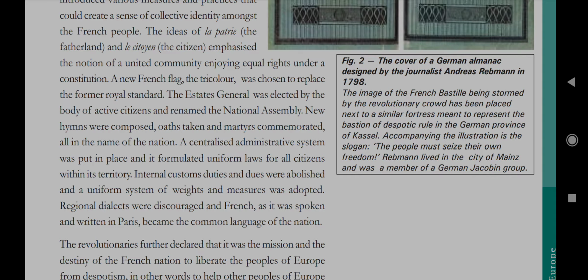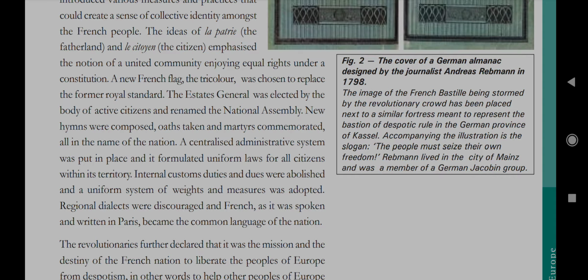So what this point basically means is they stressed this notion that a whole community, that is its citizens, enjoying equal rights under a constitution on their own fatherland, where their ancestors were born, where they shared a common descent. So number 1 point is this.